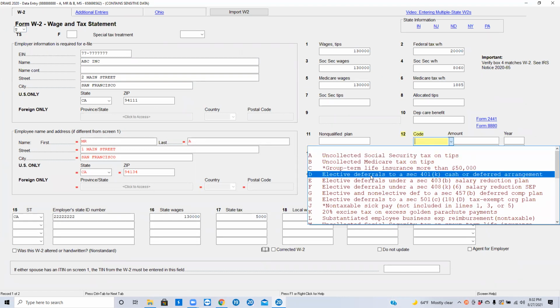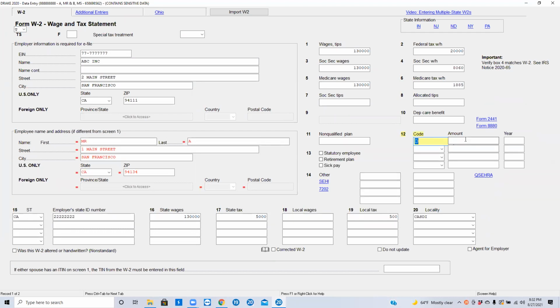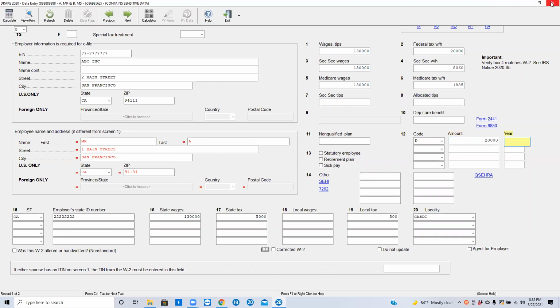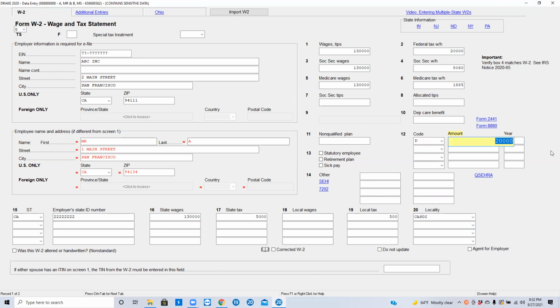This is the 401k. Now, assuming this client puts, let's say, 20,000 in the 401k. Let's say 15,000 for the husband, and then 5,000 for the wife.